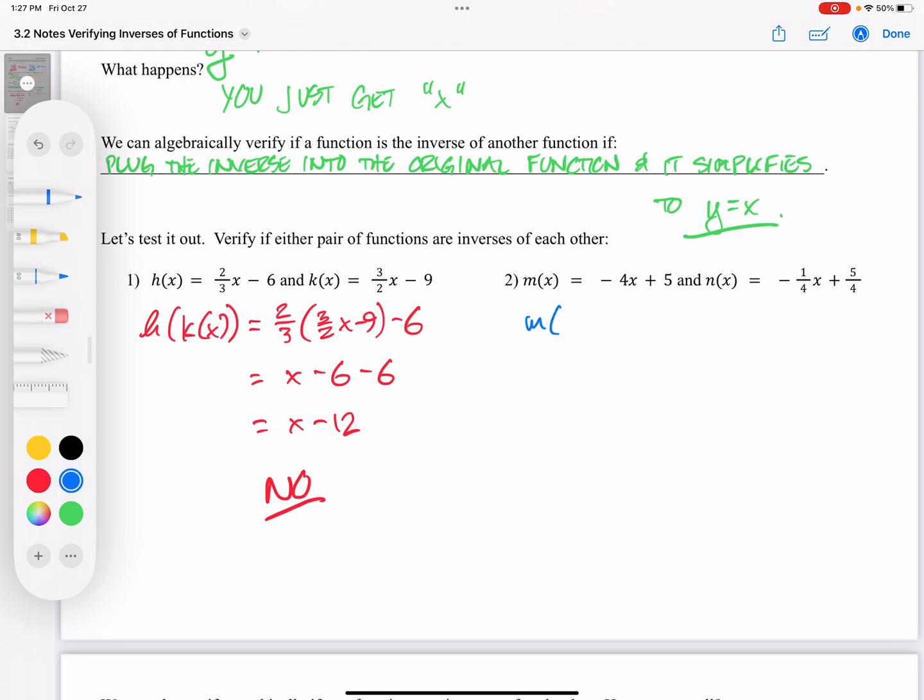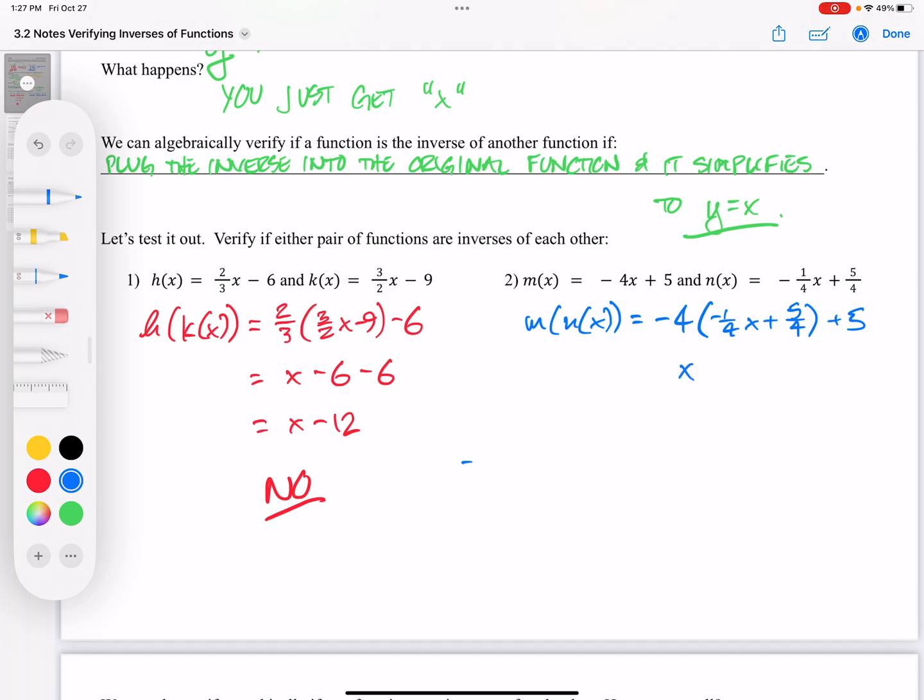How about for the next one over here? We're going to do m of n of x. So this is minus 4 times negative 1/4 x plus 5/4 plus 5. So minus 4 times negative 1/4 gives me 1, so this is x.